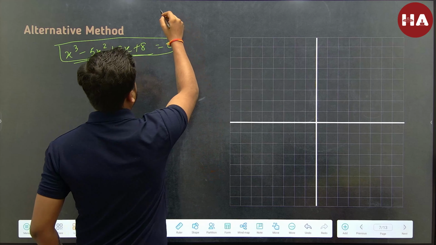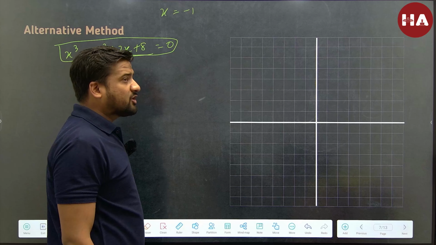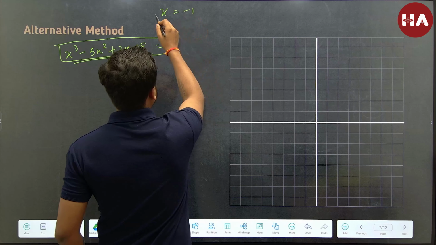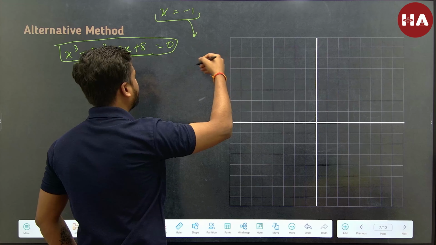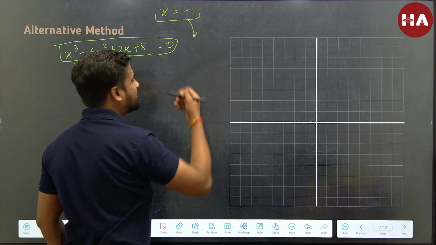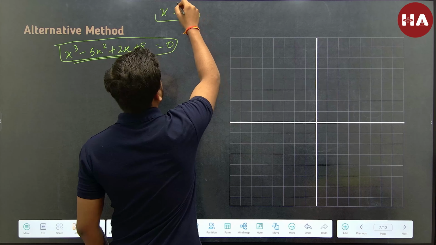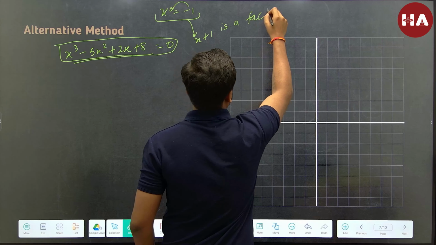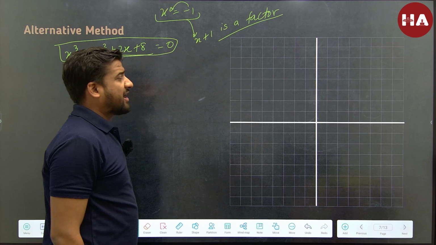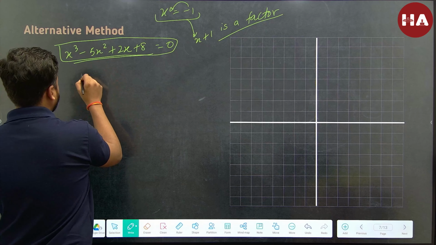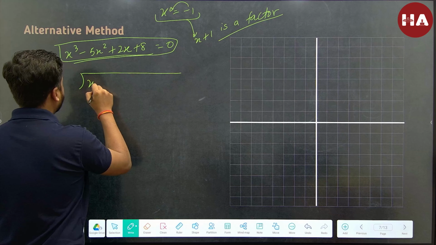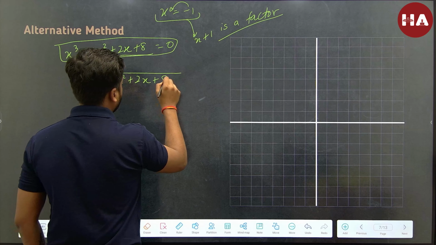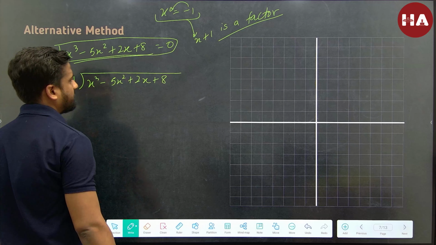So if x equals -1 is a root of this equation, we'll be studying this further, but I'm teaching you right now just for an instance. If x equals -1 is a root, then x plus 1 is a factor, right? And if x plus 1 is a factor, then let's divide this entire polynomial by x plus 1, right?